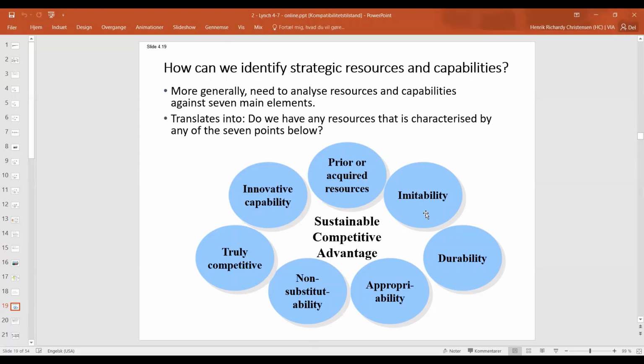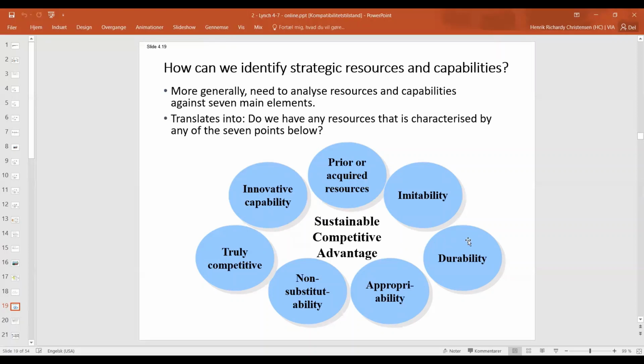And the answer might be yes. Okay, then it may not really be a source for creating a competitive advantage to us. Then we have to continue and evaluate our resource and say, is it durable?